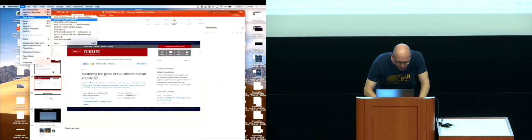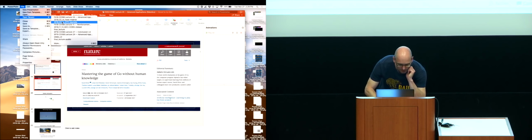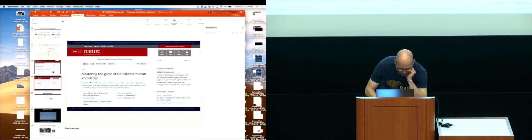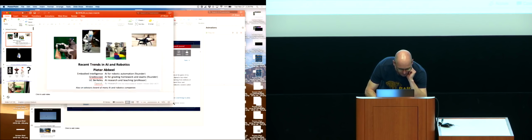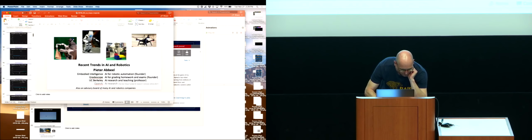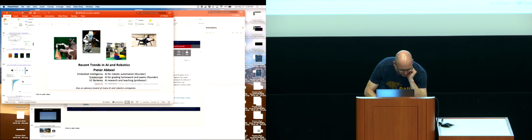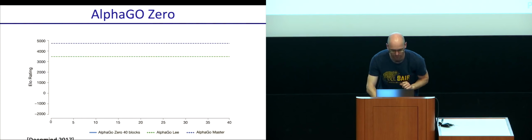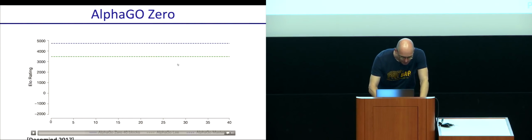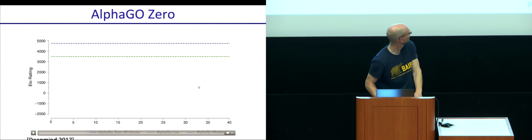It was still climbing, but let me see if I can pull something up that might showcase it. Okay, so here's AlphaGo Zero. There's my cursor somewhere here.